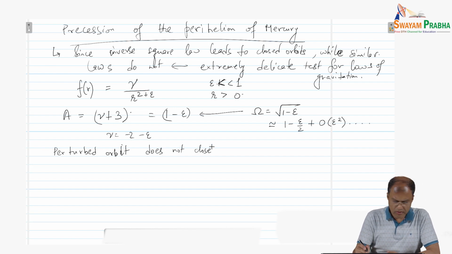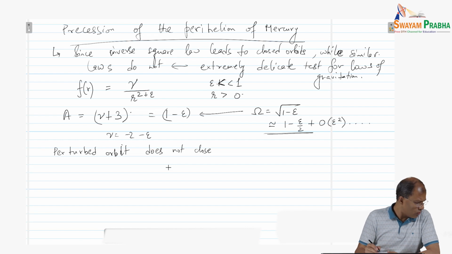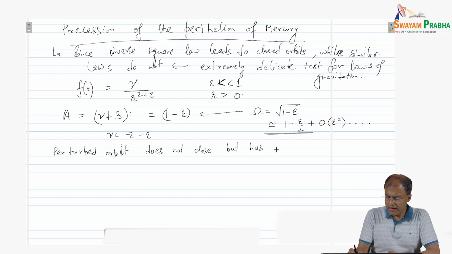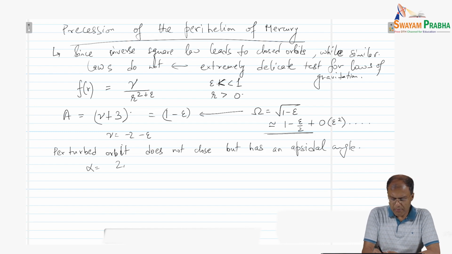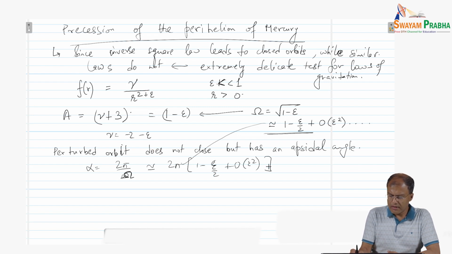Because omega is not exactly an integer, the perturbed orbit will not close, but will have an apsidal angle given by alpha, which is equal to 2 pi by omega. Omega is what we just found, and this is equal to 2 pi times 1 minus epsilon by 2 plus order epsilon square, and this is equal to 2 pi.